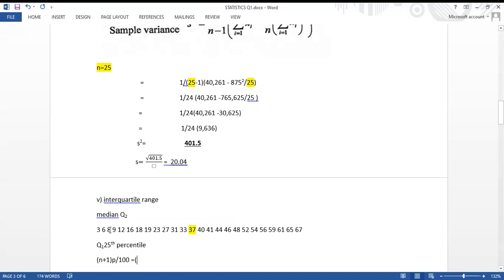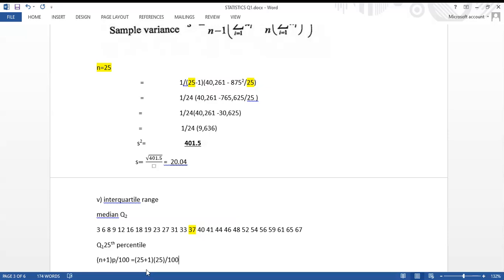Remember, we have 25 numbers in this whole data set, so n is 25, plus 1, times p, where p is 25, divided by 100.